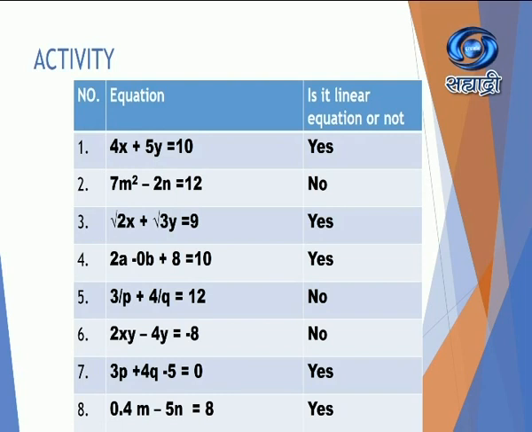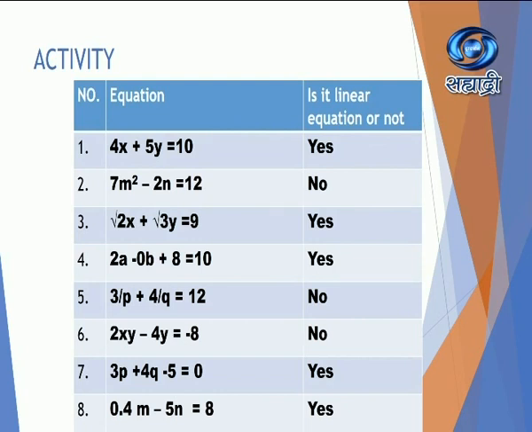Now coming towards the fourth one, 2a - 0b + 8 = 10. Here, according to the condition, a and b should not be 0 at the same time. Next is 3/p + 4/q = 12, which is not a linear equation.